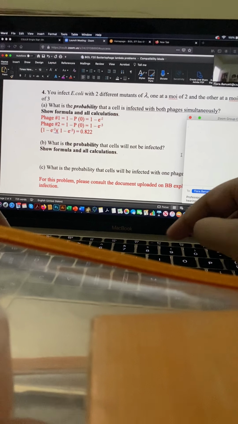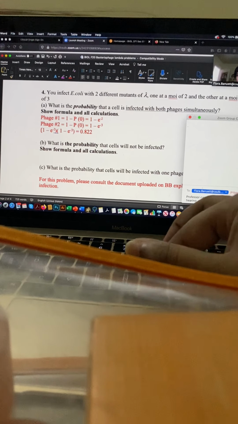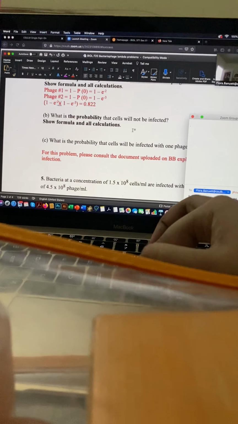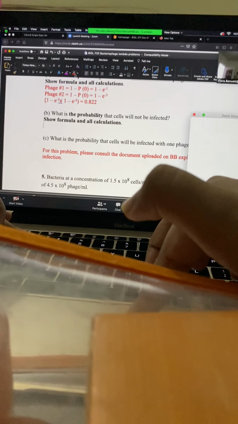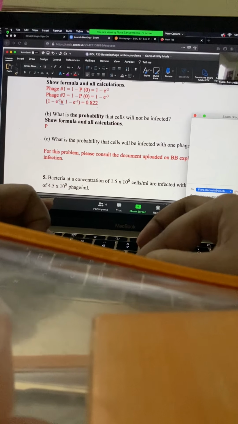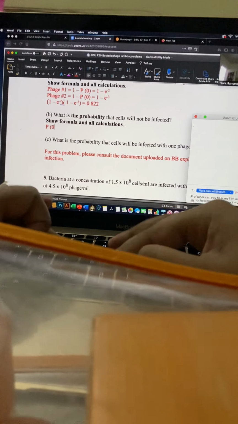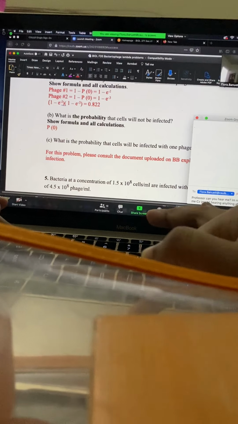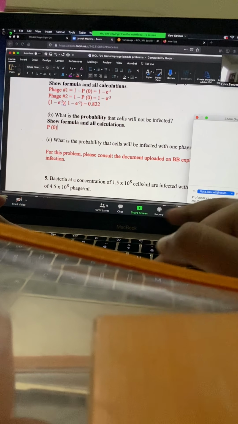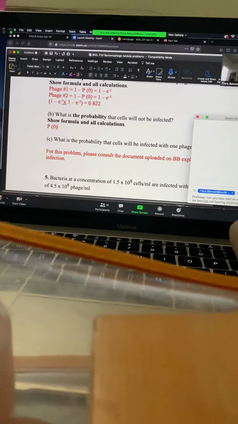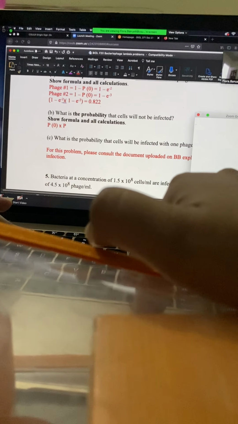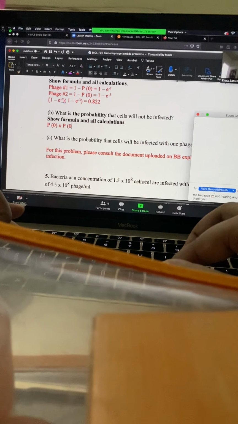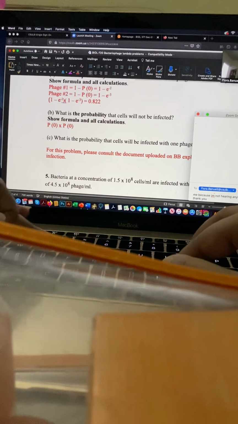Okay, so now the probability that a cell will not be infected, so no infection, equals P0 for phage number 1 times the probability of no infection for phage 2.